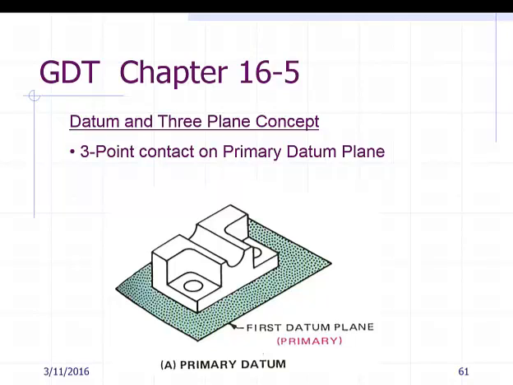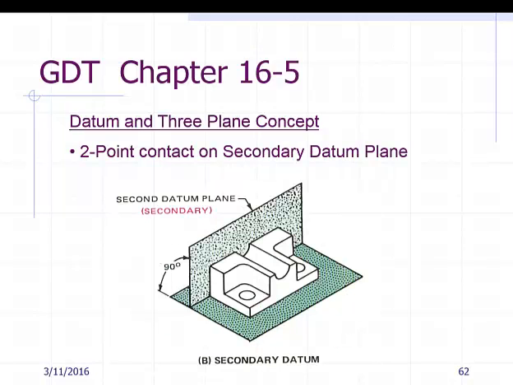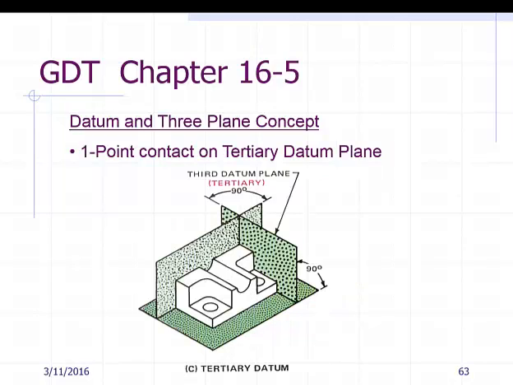If I had 2, it would wobble, right? As soon as it finds 3 points that it can touch, it's going to be nice and steady. Then when I slide it up against the secondary datum, it's going to have a 2-point contact. So 2 points is all that's needed to fully lock it in. And then when I slide it to the third datum, it only needs 1 point.